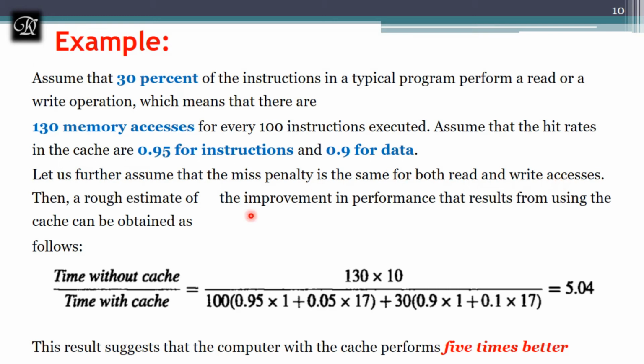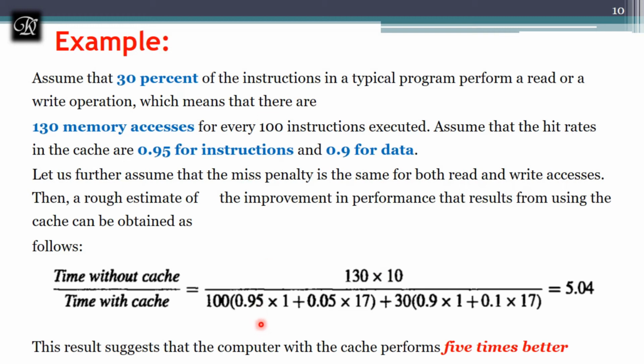Then a rough estimate of the improvement in performance that results from using the cache can be given as: time without cache is 130 times 10, since it takes 10 clock cycles without cache, divided by 100 instructions.